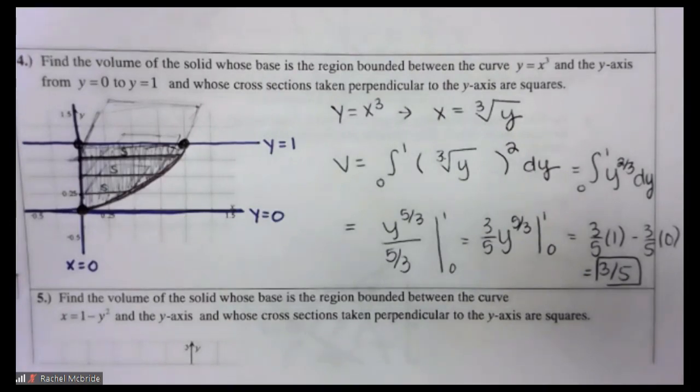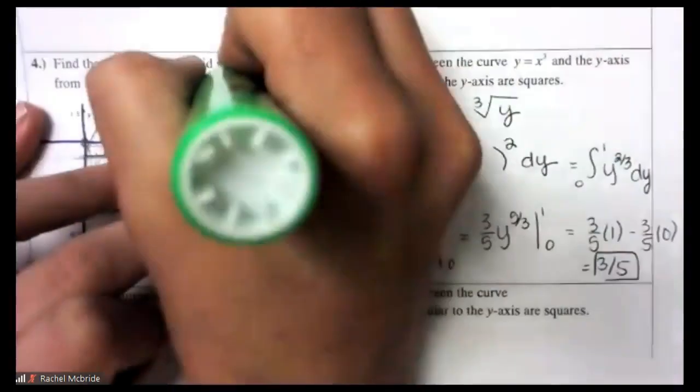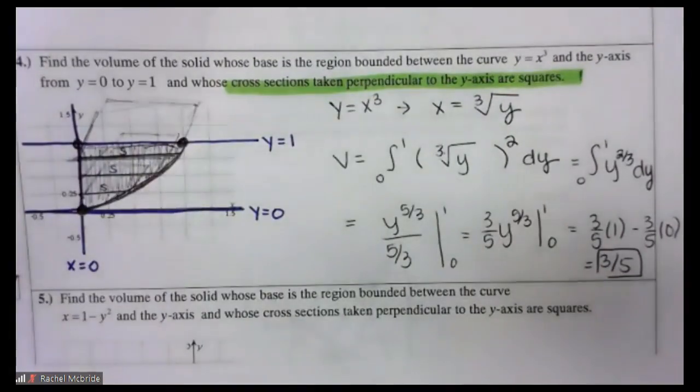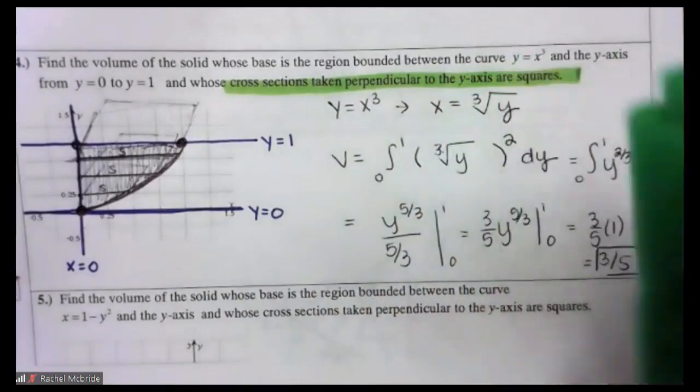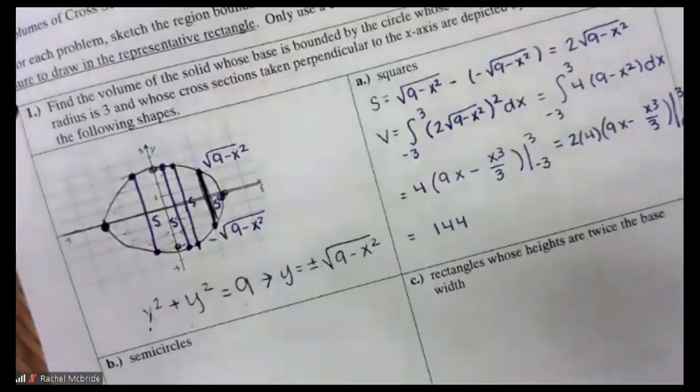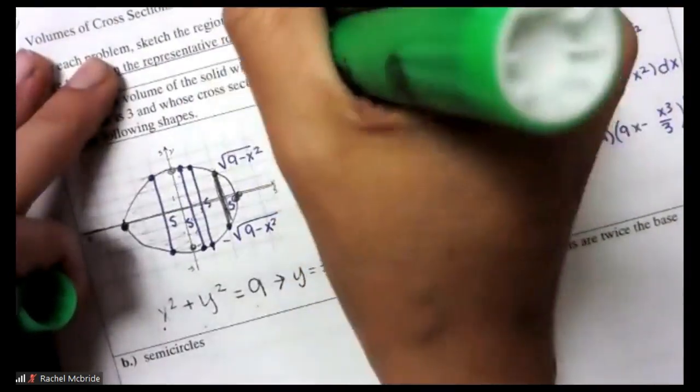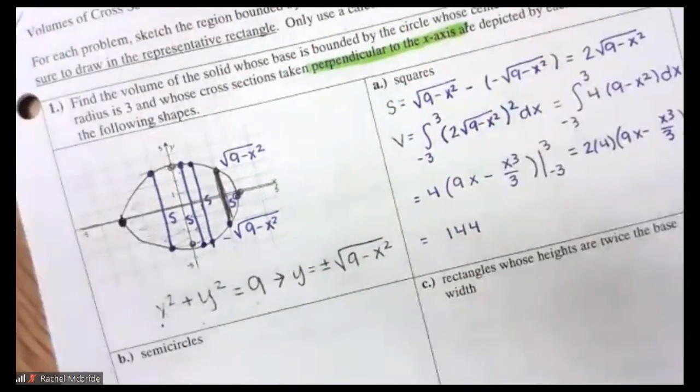So the terminology in the setup, this statement right there, is how I know I have to treat it in terms of dy versus dx. So it's perpendicular to the y-axis, whereas in this statement, it's perpendicular to the x-axis.